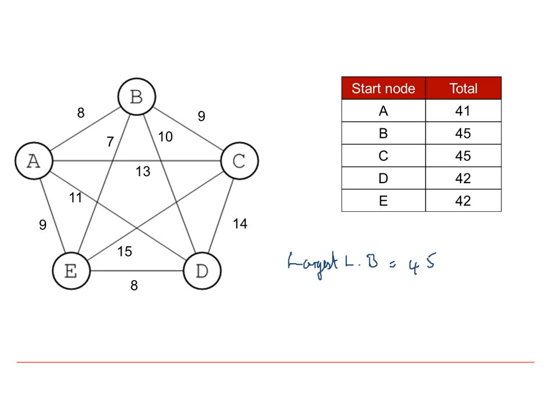So if our largest is 45, that means that the optimal solution is greater than or equal to 45. We haven't actually checked if any of these are cycles, but we can say that the optimal tour is bound to be greater than, or possibly, very unlikely, but possibly equal to the 45.